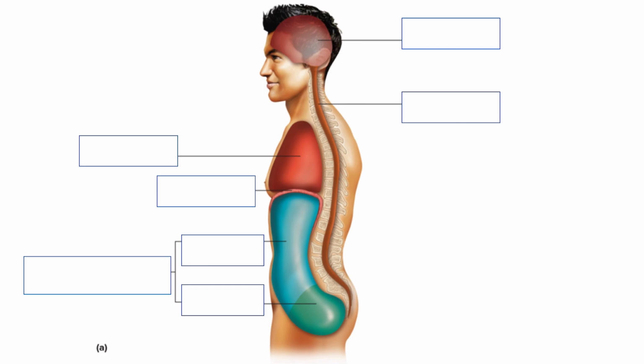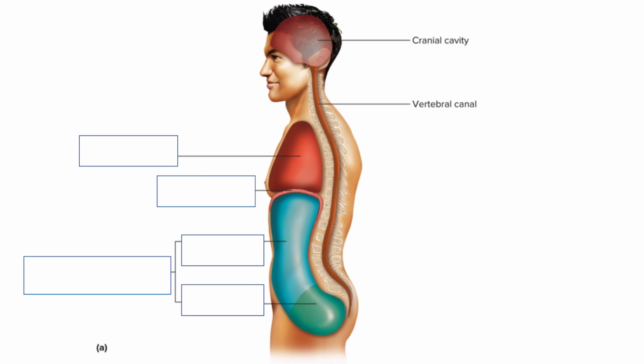Okay, so if you need to pause at this point to kind of organize the information that we just looked at, go ahead and do that. But here's an image in your textbook that shows those different sections of the body or different cavities. So for the head, we have the cranial cavity, which encloses the brain.